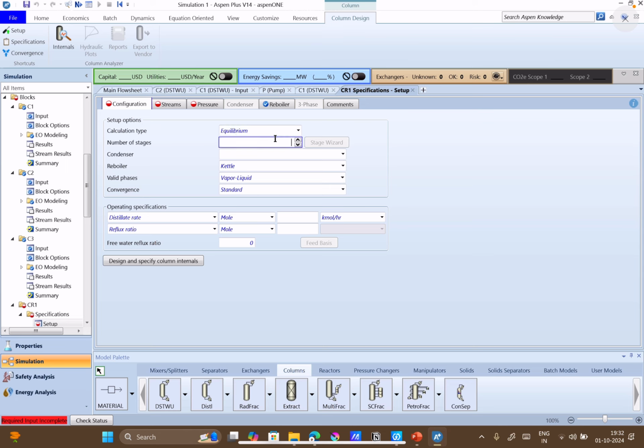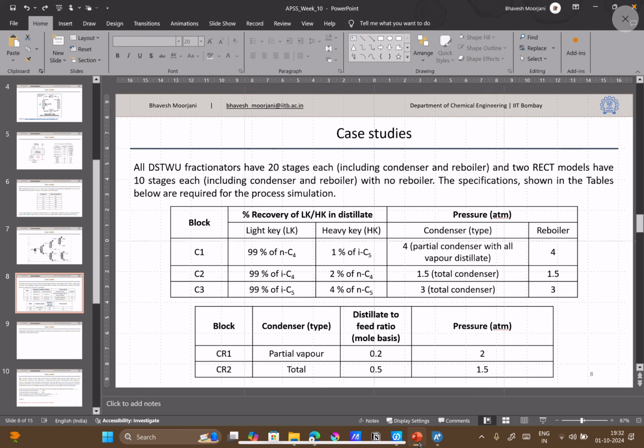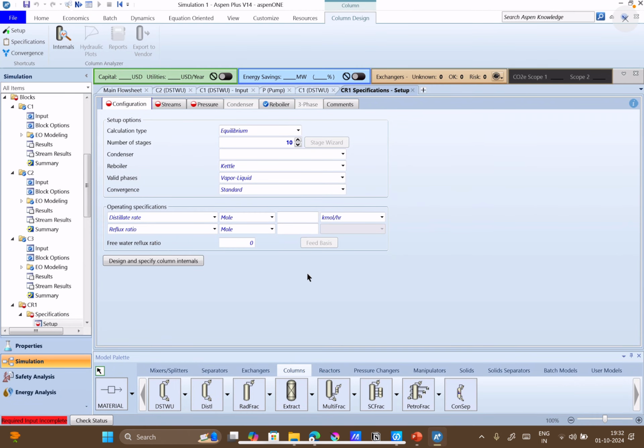Reflux column has both 10 stages. Now the condenser type. So for first CR1, condenser type is partial vapor. So select that. Now as we said that there are no reboilers, so select reboiler as none. Since we have selected reboiler as none, we will need fewer information in this matrix.